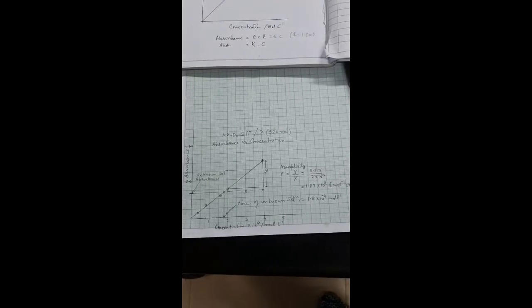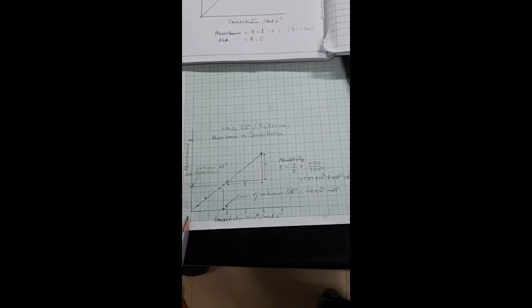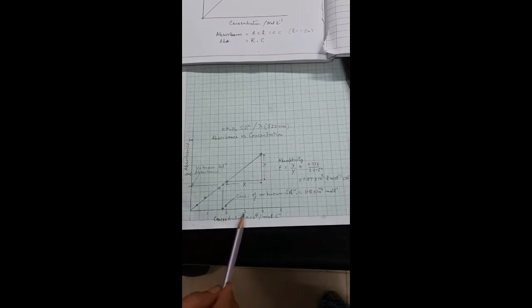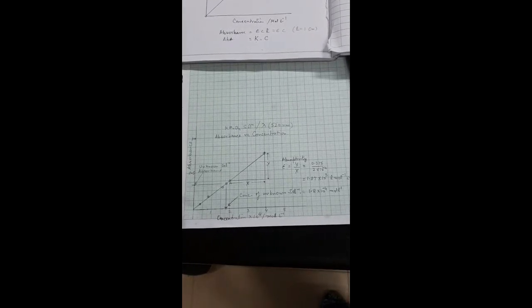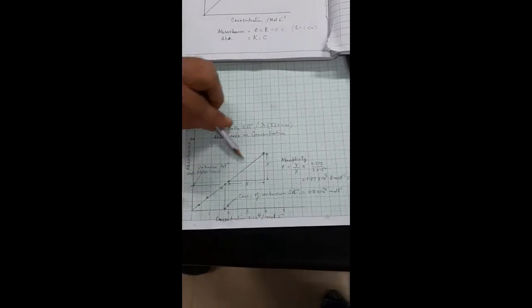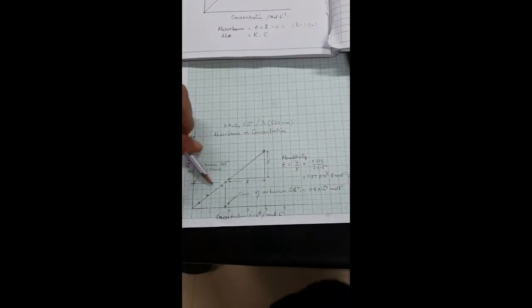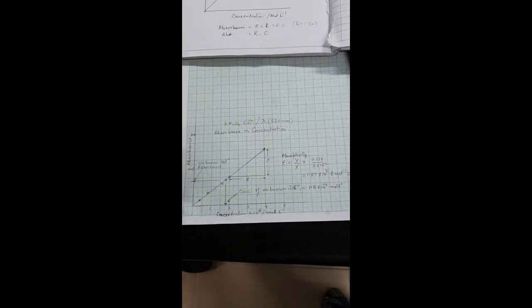This is the absorbance values versus the concentration. I plotted the values taking 20 divisions for 1, 2, 3, 4 into 10 to the power minus 4 moles per liter. These points fall in a straight line originating from 0.